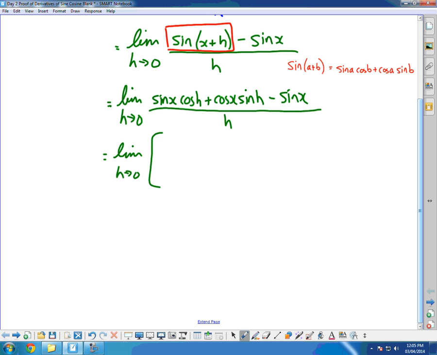I'm going to break the first part up. I'm actually going to gather this term and this term and bring them together. So sine x cos h minus sine x, I'm going to put that all over h. And then I'll leave what's left over as its own little fraction over h.